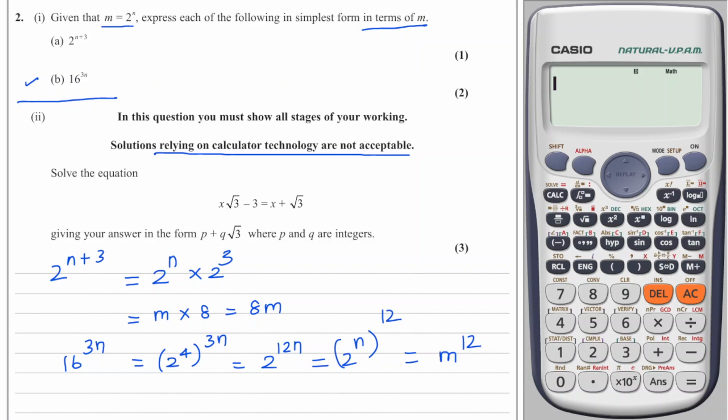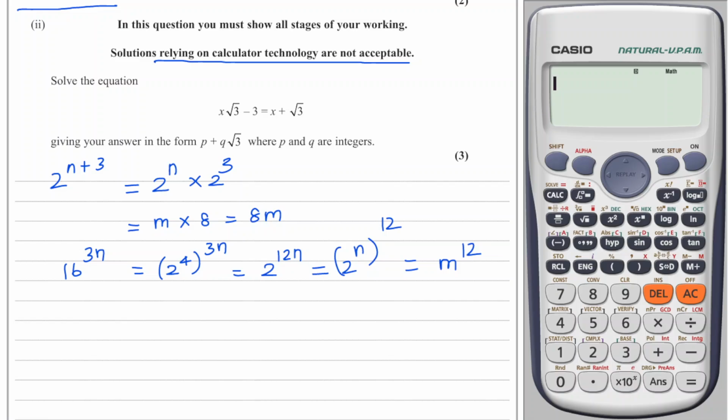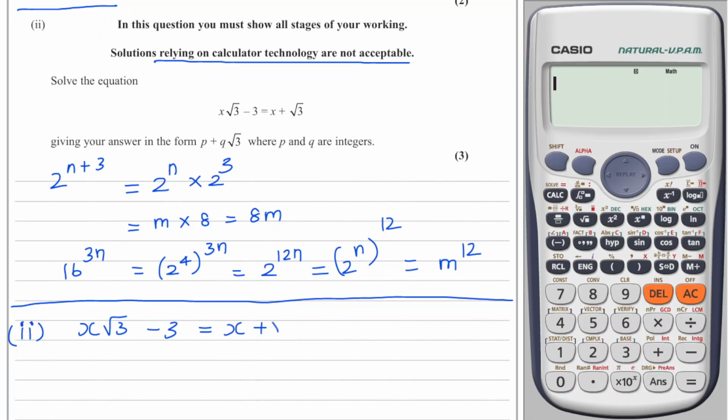Here there is an equation in terms of surds, and we need to give our simplified answer in the form p plus q root 3. That is the second part of question number 2. So I just write that question: x root 3 minus 3 is equal to x plus root 3.